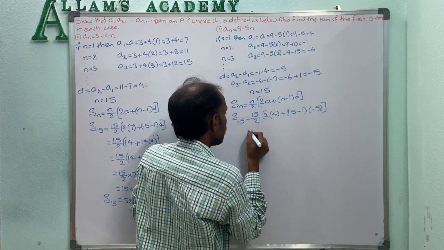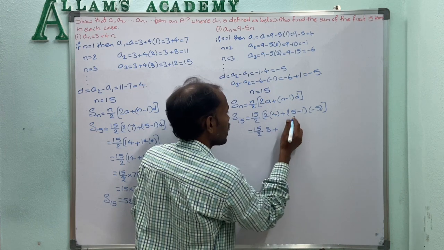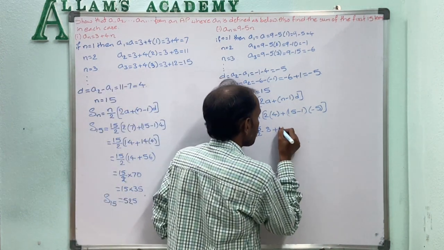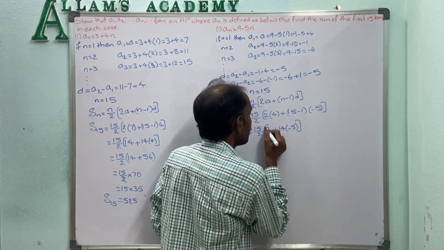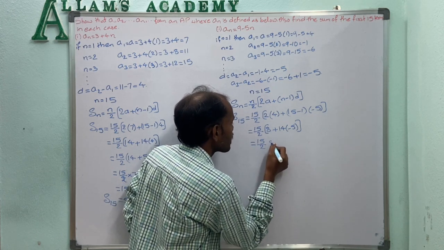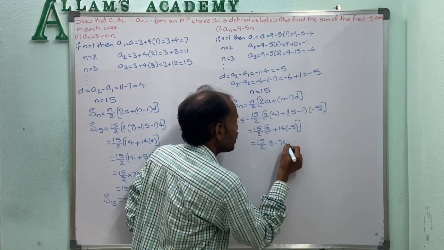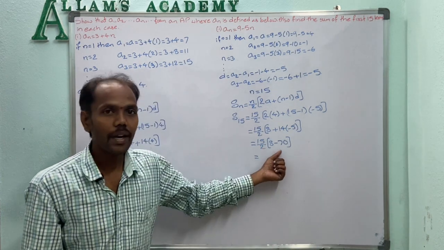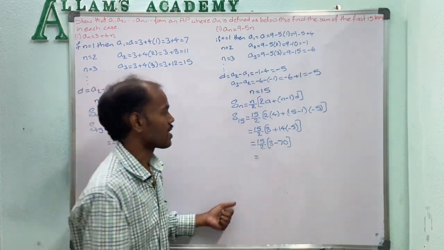So 2 fours are 8, 15/2 × [8 + 14 × (−5)]. 14 × (−5) is −70. So 8 − 70 is −62.